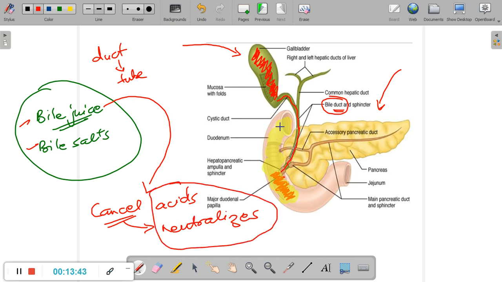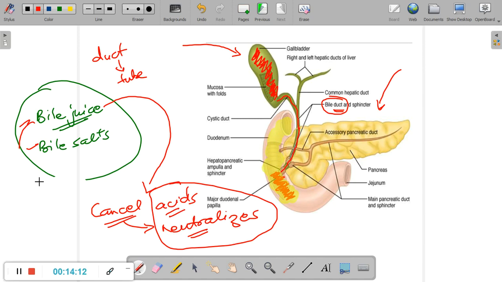So the acid that is present in the chyme is no more acid. Why? Because bile juices are alkaline. If you don't want to remember this, that is perfectly fine. I want you to only remember that the bile juices are going to neutralize the acid, so the chyme is not acidic anymore. Now there are two benefits of neutralizing the chyme, of cancelling the effect of the acid in the chyme.